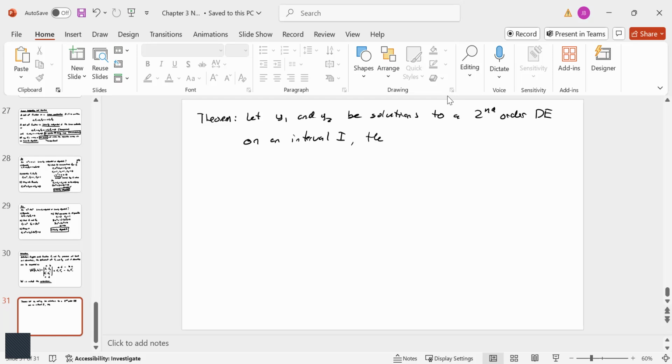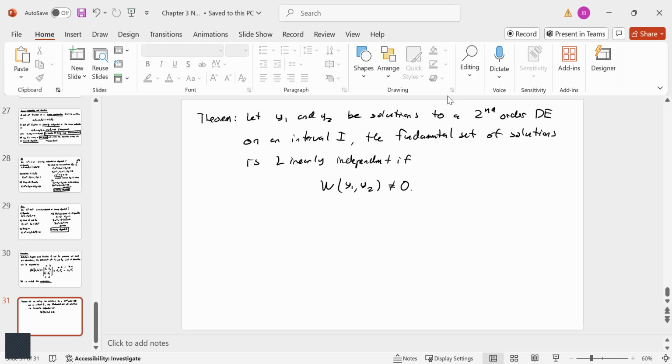I will probably just say it: the fundamental set of solutions is linearly independent if, when you take the Wronskian of y1 and y2, it does not equal 0.